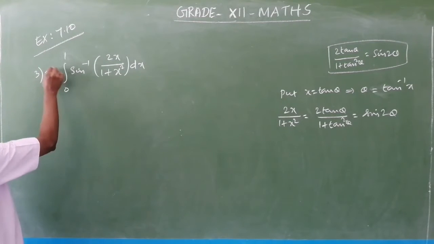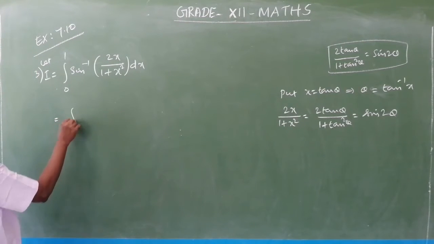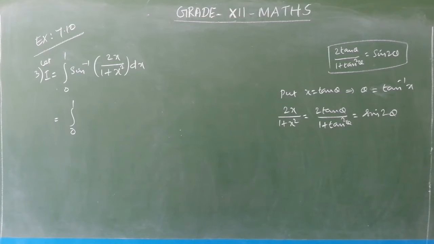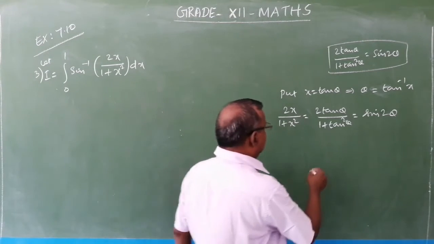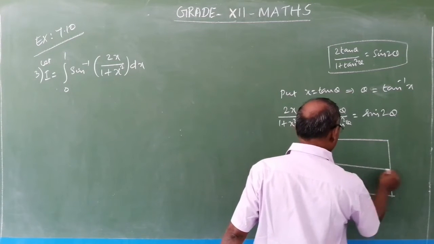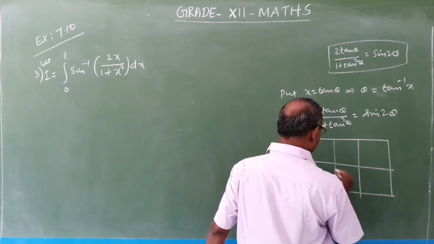Therefore, let I equal to integral 0 to, we need to substitute now for the limits.